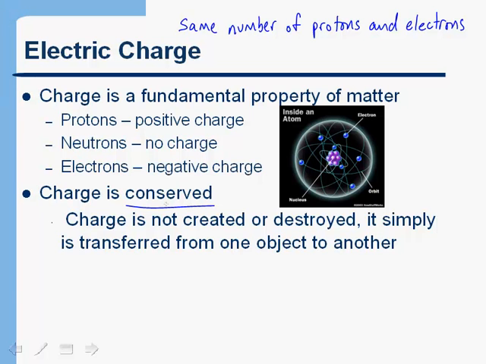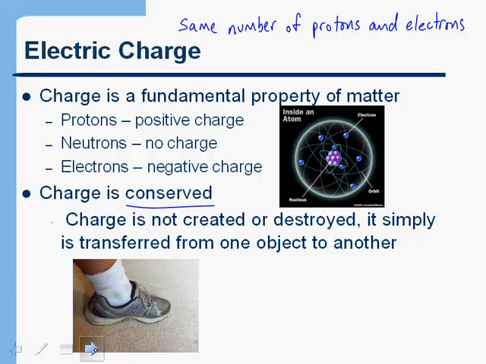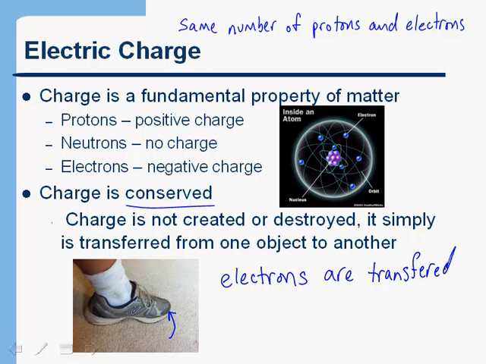Just to give you an example of the fact that charge is conserved, you're probably all used to the fact that in the wintertime especially, if you scuff your feet along the carpet, when you touch a doorknob you might get a shock. And what's going on here is simply that electrons are being transferred to your shoe.